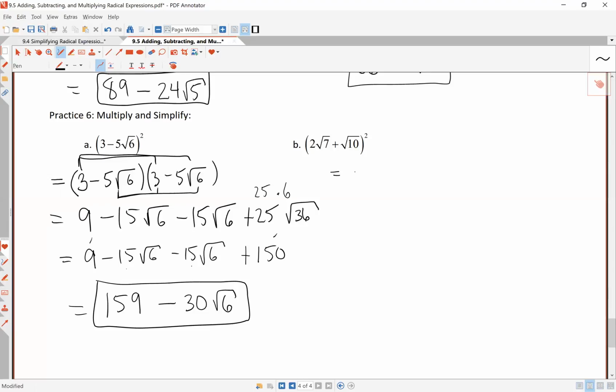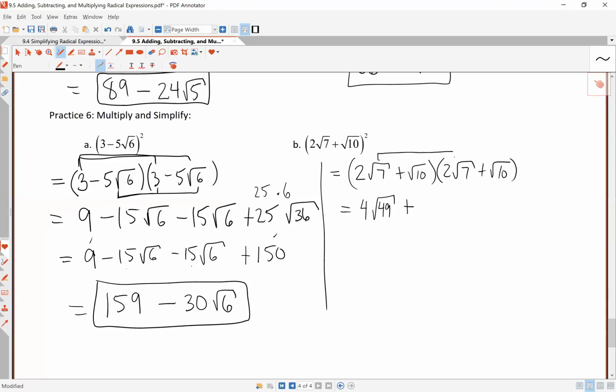And 2 root 7 plus root 10 squared, we rewrite 2 root 7 plus root 10 2 times. And now we FOIL. 2 root 7 times 2 root 7 is 4 square root of 49 plus 2 root 7 times root 10 is 2 square root of 70. Square root of 10 times 2 square root of 7 is 2 square root of 70.